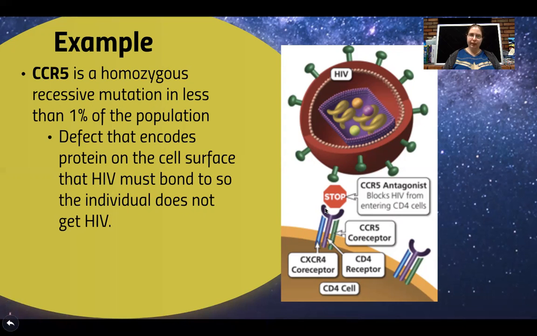But someone with this particular mutation, with CCR5, it actually affects those receptors. So those receptors are no longer able to bind HIV, which means that people with this mutation, even if they're exposed to HIV, cannot contract it. So they cannot ever actually contract HIV, which means they can never get AIDS.